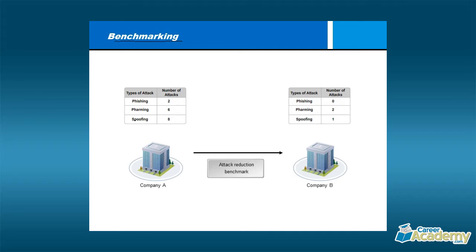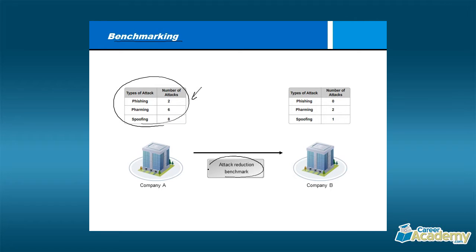So, here's an example. We could say, here's company A, and they've seen some phishing attacks, some pharming, some spoofing, and we can say, okay, that doesn't really look like what we want. We want to have a better baseline or benchmark, obviously a reduction. So we use that information, the fact that we can say, hey, that just isn't hitting the baseline or the benchmark that we want.